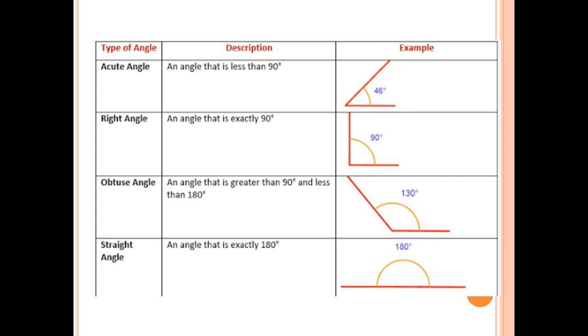First, acute angle: an angle that is less than 90 degrees is called an acute angle. See the given picture. Example, 46 degrees. It is less than 90 degrees, no? So this is an acute angle. Have you all understood?